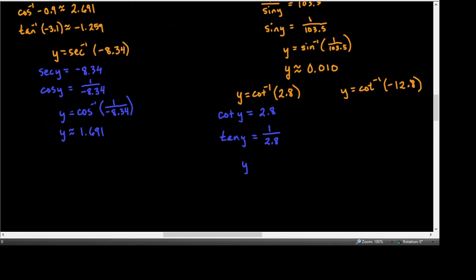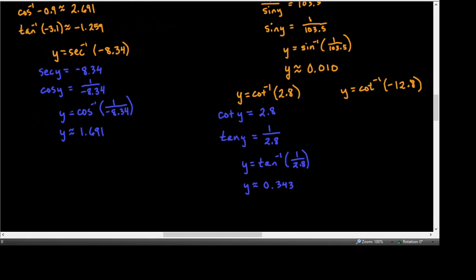And then writing this with the inverse would be y equals tangent inverse of 1 over 2.8. Okay, so looking at the original, well, let's just type that in first, sorry. Tangent inverse, so second tangent of 1 divided by 2.8. I got about 0.343.